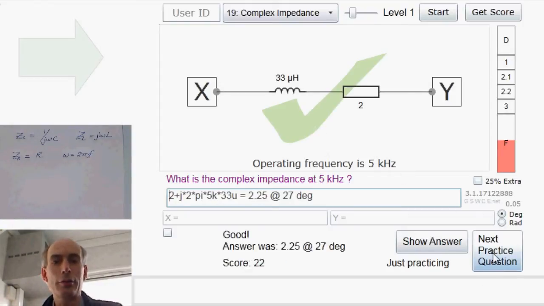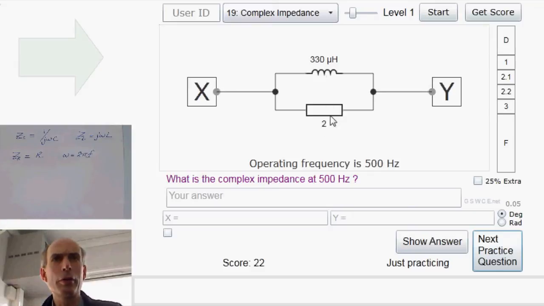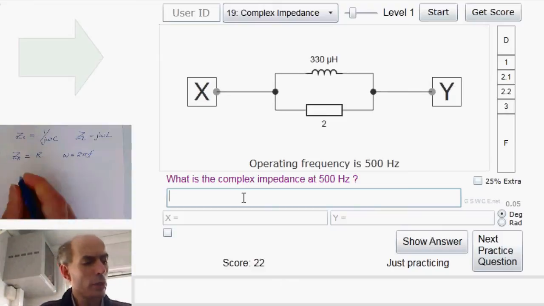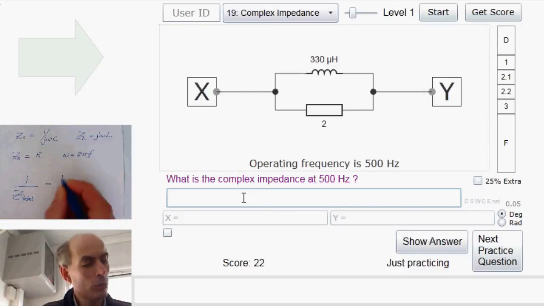Fine. Next. Here we have a similar idea, but the two components are now in parallel. The standard formula for paralleling components still applies for complex impedances, so we can either do 1 over Z total equals 1 over Z1 plus 1 over Z2, or the formula Z total equals Z1 times Z2 over Z1 plus Z2.